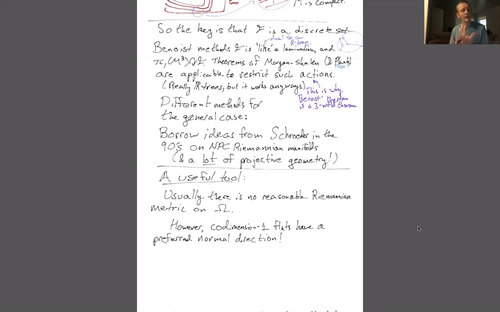So a lot of that is sort of tedious projective geometry stuff, but I want to just demonstrate at least one of the useful tools from that context. Except for the case of the hyperbolic space, the ellipsoid as a convex projective domain, there's no reasonable choice for a Riemannian metric on omega.